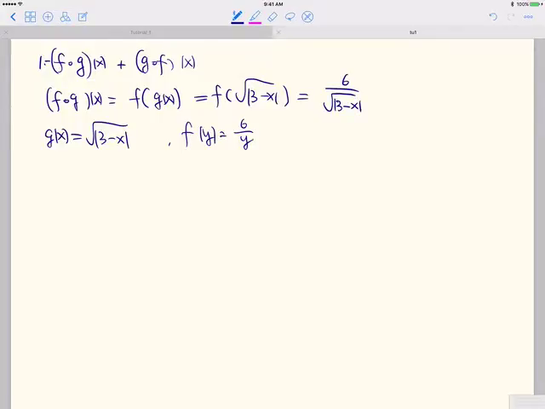And similarly, we can calculate g of f of x. Once again, write this down in the form of g of f(x). The input of g is now the result of f, so plug in f here. This will give us 6 over x.